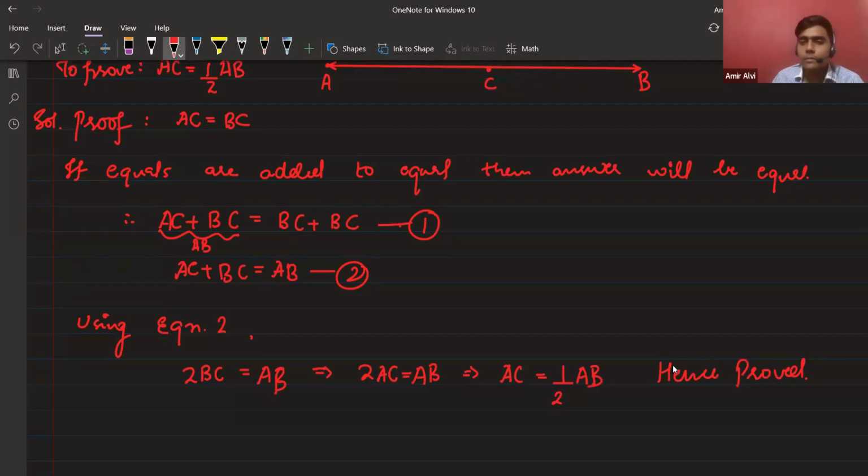Is this clear, Simrat? Yes. Have you not written it down?